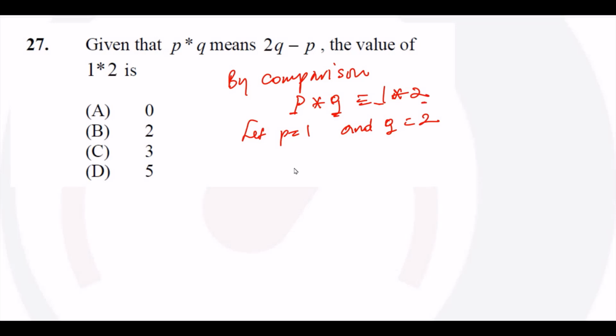So therefore, anywhere I see Q, I'm going to put 2. Anywhere I see P, I'm going to put 1. So therefore, 1 star 2 is equal to 2 times 2 minus 1. So 2 2s are 4, minus 1, that gives us 3. So our answer is C.